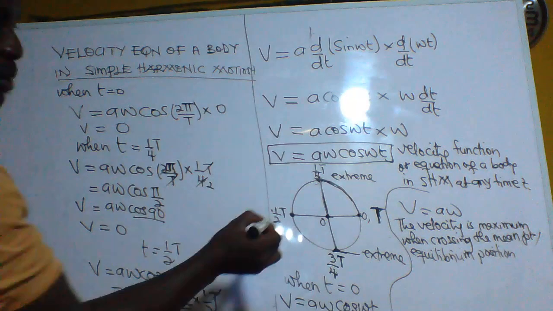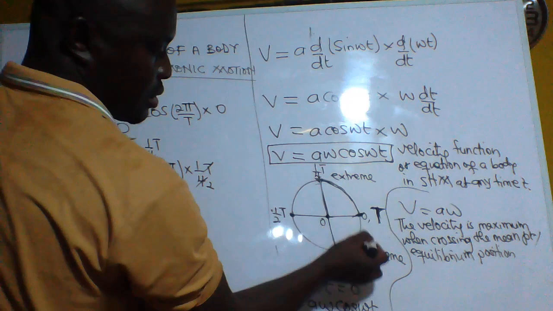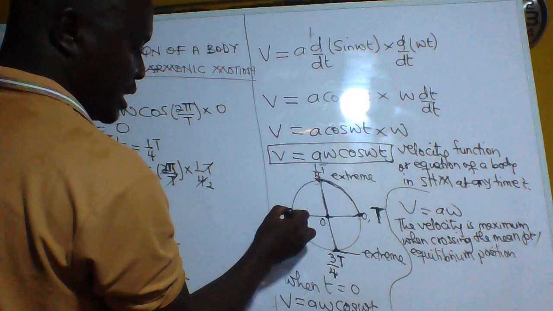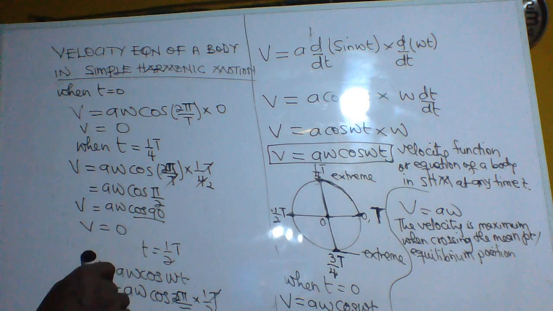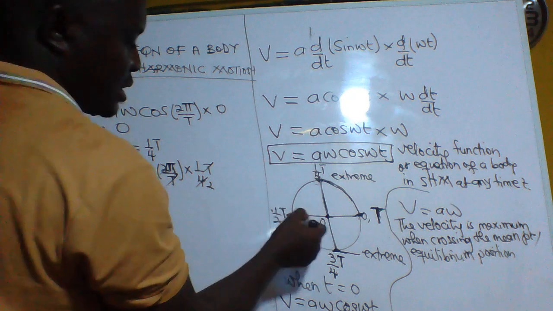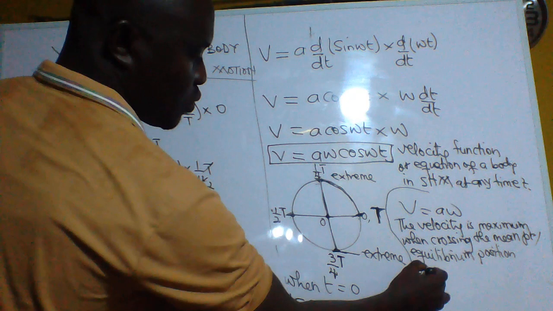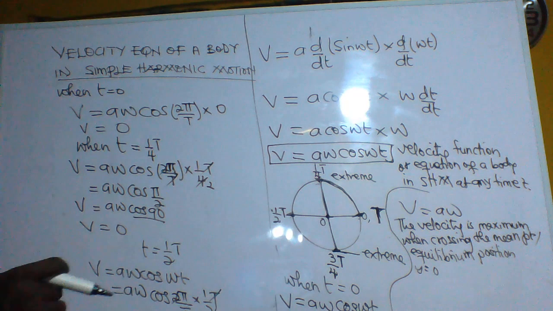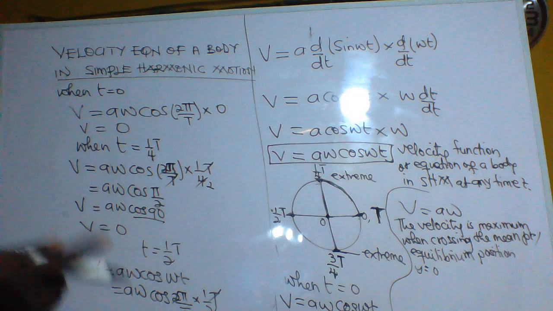So we have a maximum velocity from the start, and then another maximum velocity over here. So what we are saying is that at the mean point, when the displacement is equal to 0, we have the maximum velocity of the oscillating body occurring.